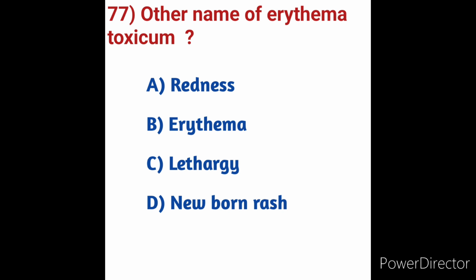Erythema toxicum neonatorum is also called erythema toxicum. It is a benign, self-limited, transient, evanescent eruption that occurs in approximately 48% to 72% of full-term infants. Erythema toxicum is a common benign skin condition in healthy newborns.